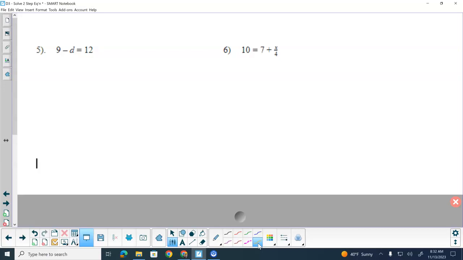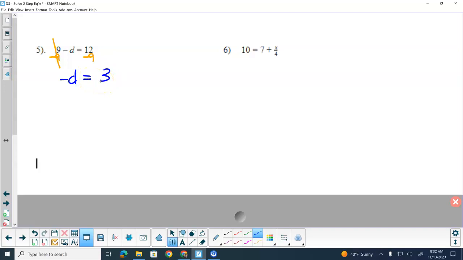That's not 0, so it doesn't make it go away. So let's subtract 9 from both sides. Yes. Okay. So if I subtract 9 from both sides, then these go away. 9 minus 9 is 0. And that leaves me with negative d over there equaling 3.